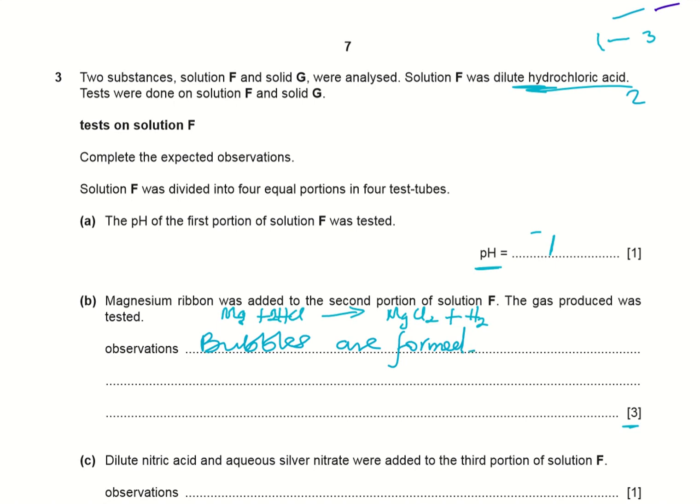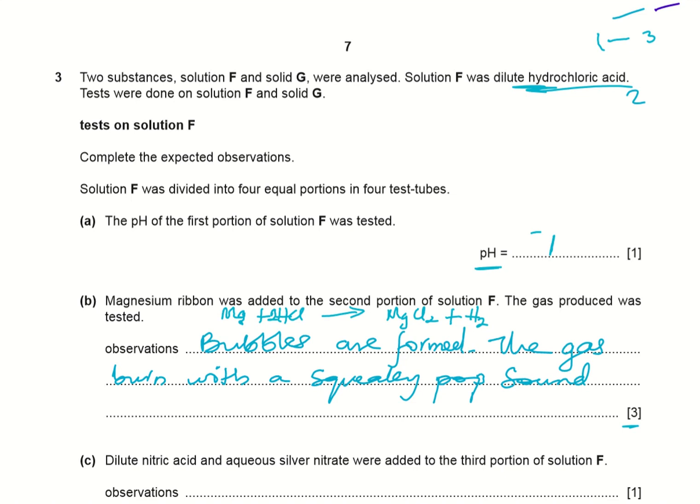Then what other thing can be seen? The gas burns with a squeaky pop sound. So you have 3 observations here: the gas burning, and of course it makes a squeaky pop sound, then the presence of effervescence.